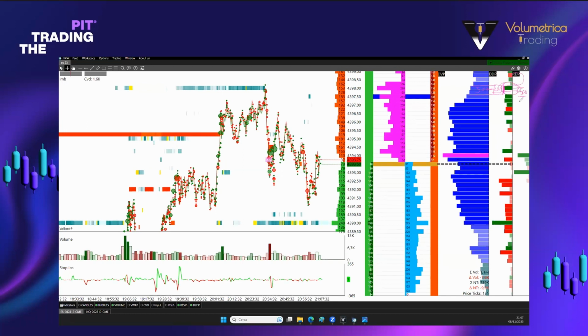The color, green or red, exactly as in the footprint, will indicate which side of the delta is dominant, either buy or sell.